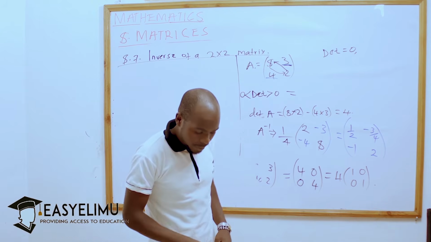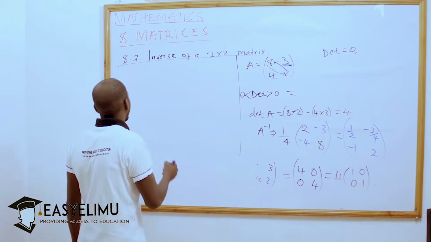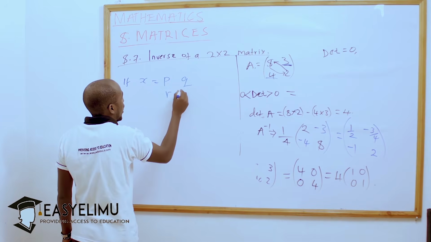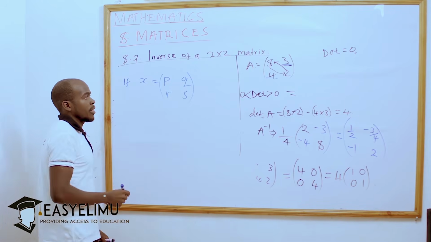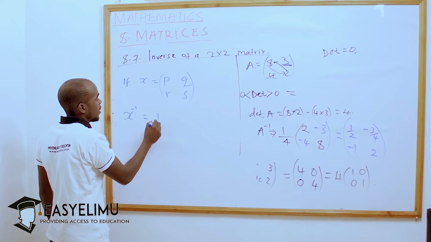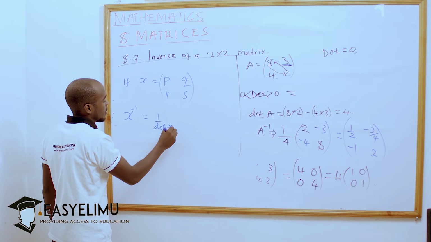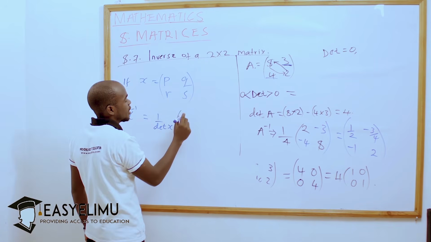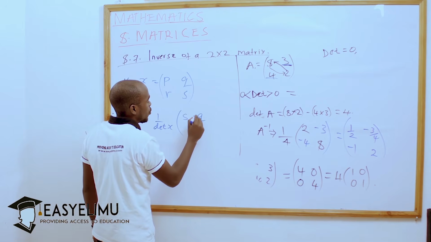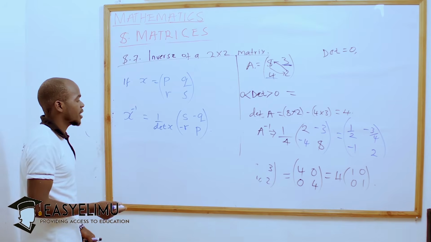In general, if X equals the matrix with entries P, Q, R, S, then X inverse will be found by taking 1 over the determinant of X, times the matrix where we interchange S and P, and change the signs of Q and R, which are in the other diagonal.